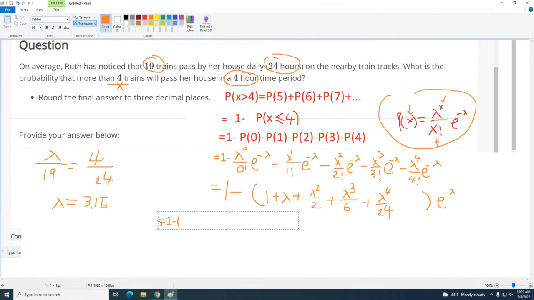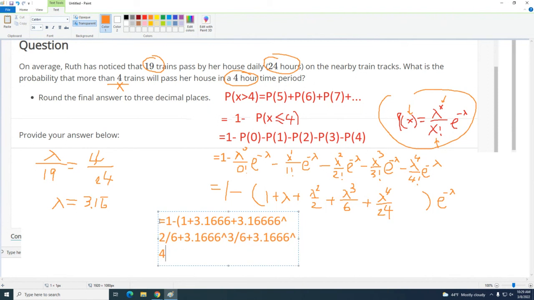So 1 minus parenthesis 1 plus 3.166 plus 3.166 squared over 2, and then plus, I guess I could copy and paste. That could make this process so much faster. This is raised to the power of 3 over 6.